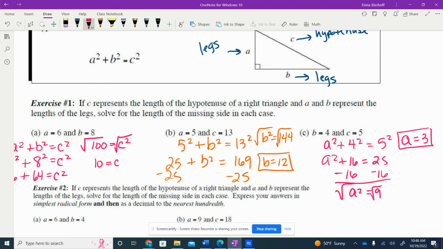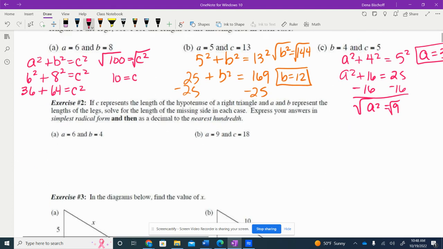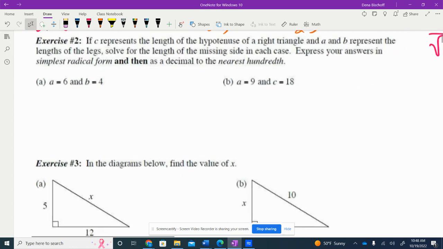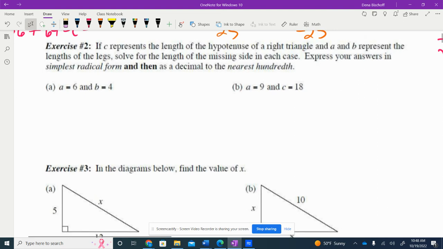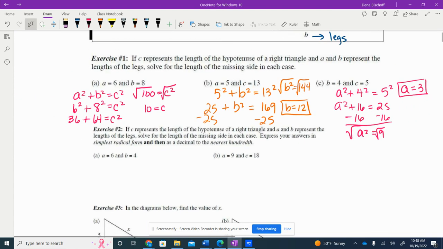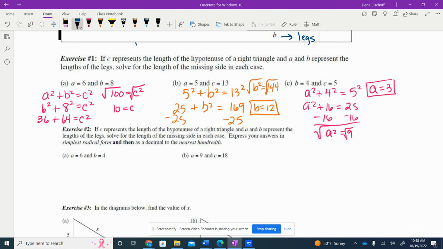So that's how you use the Pythagorean theorem to find the missing side of a right triangle. If you know two of the measures, you can always find out the third. Those first three examples, A, B, and C, are what we call Pythagorean triples.